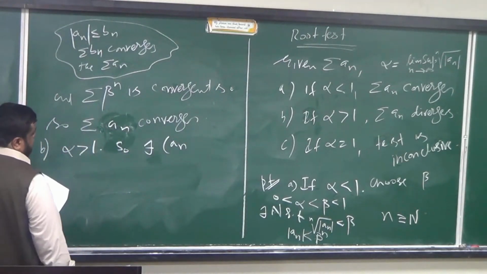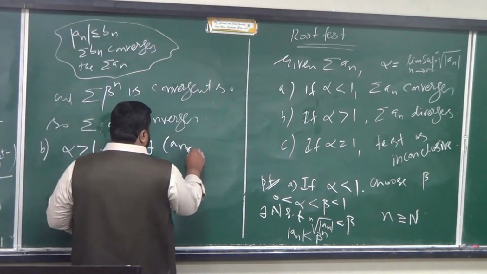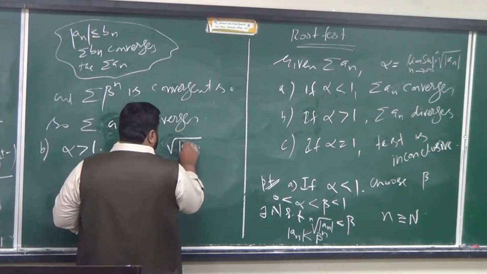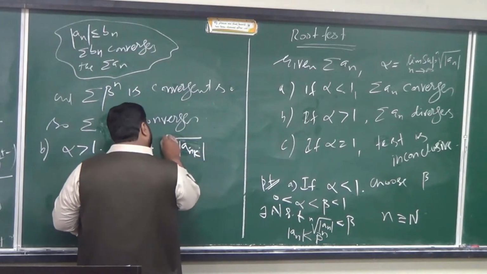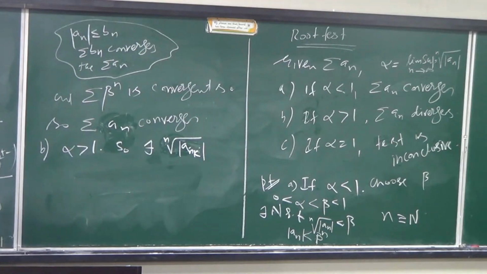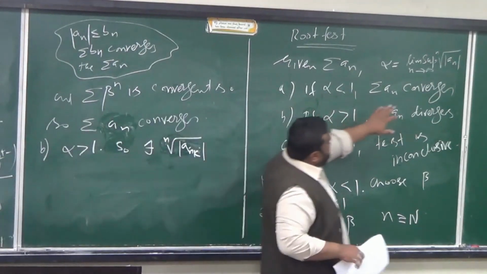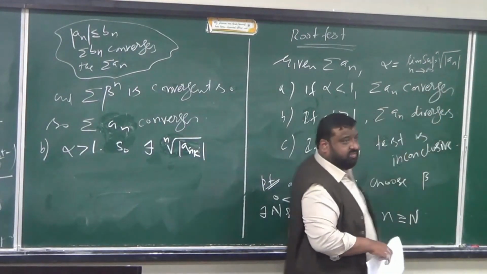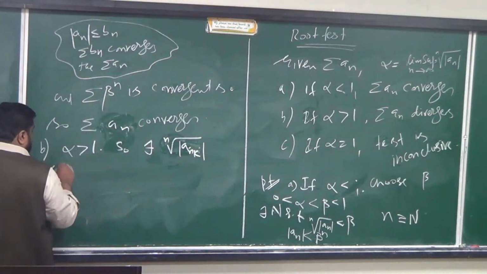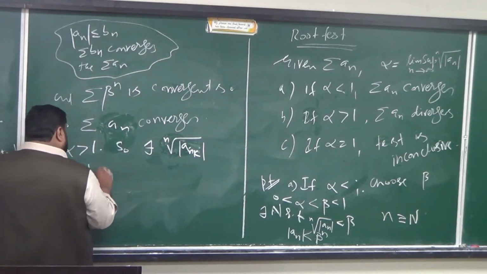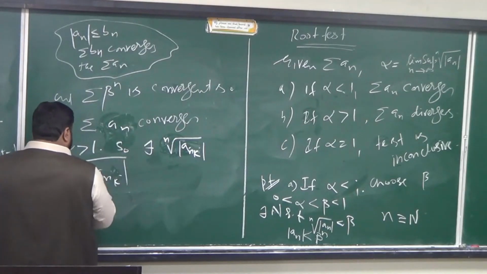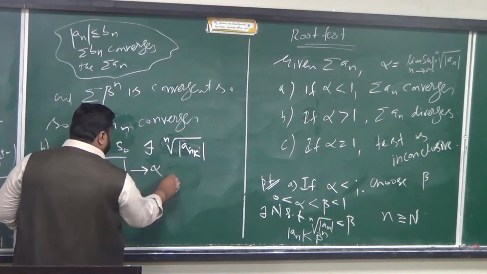There exists a subsequence a_{n_k} such that this converges to alpha.